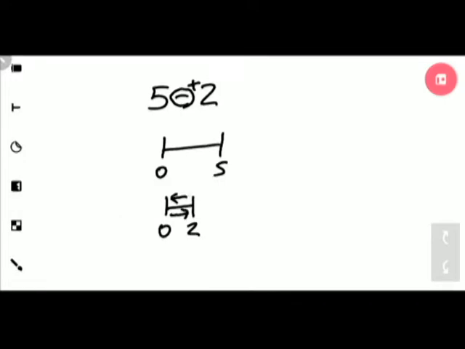Doesn't mean we're always going to go this direction, but in this case, we are reversing direction. So if that's the case, we need to go backwards 2 spots. 5 minus 2 is 3.